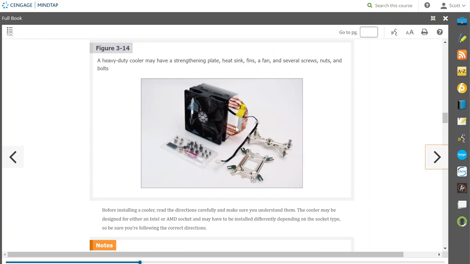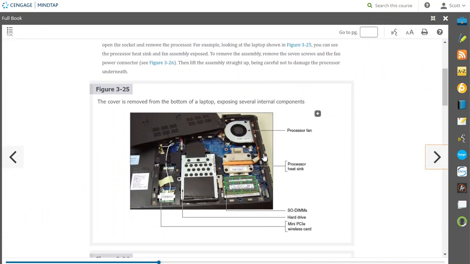Here's an example of a heat sink with a fan mounted to it. This would sit on top of the processor and it would remove heat from the processor. Right? It's a heavy duty fan. Now, a laptop has a small fan built into it. Laptops cost more for a number of reasons. One, you would think it's smaller, so I'm not paying for as much equipment that's in there.